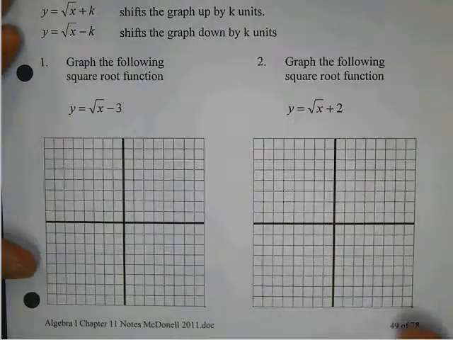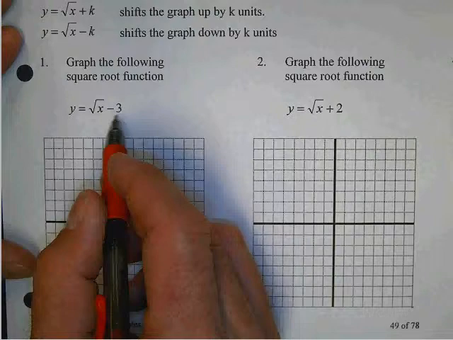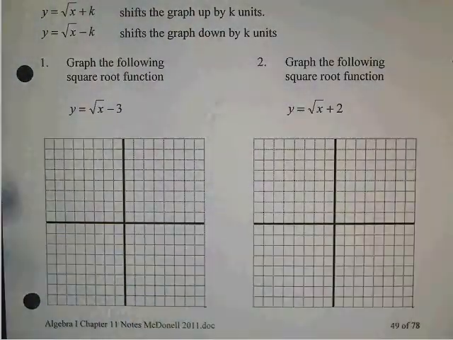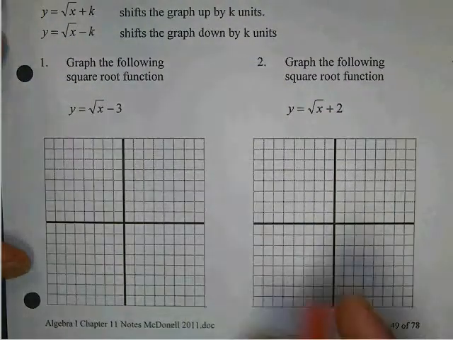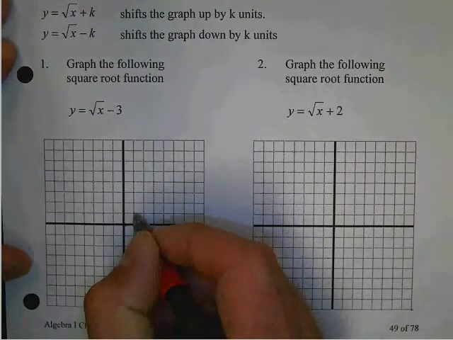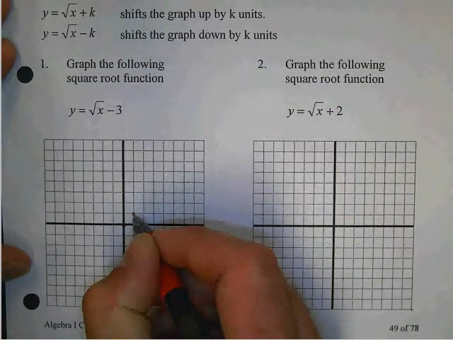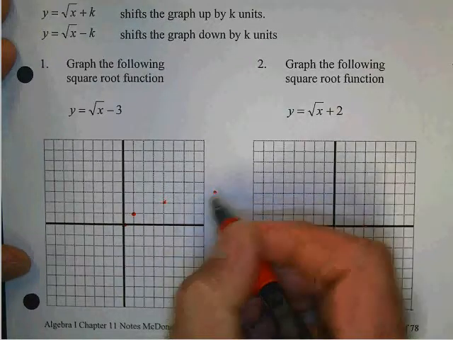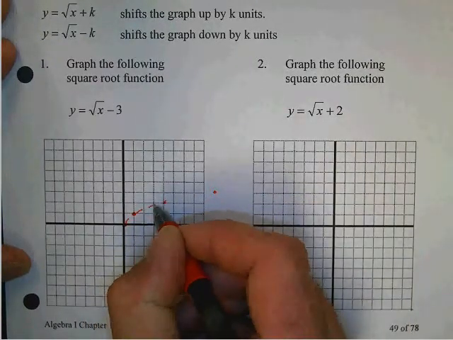So, watch what happens. When we have a -3 at the back, all right, which way do you think the graph is going to move? Yeah, it's going to move down. So what I'm going to do is I'm going to draw the original one. (0, 0), (1, 1), (4, 2), and (9, 3). And everyone put that on there. Is it always going to be like that?